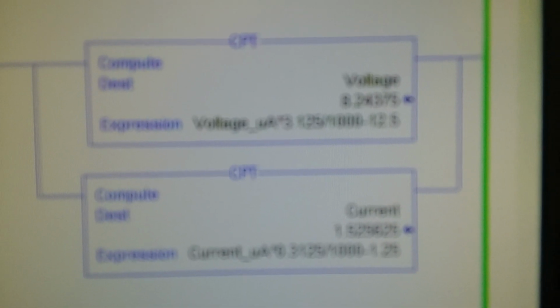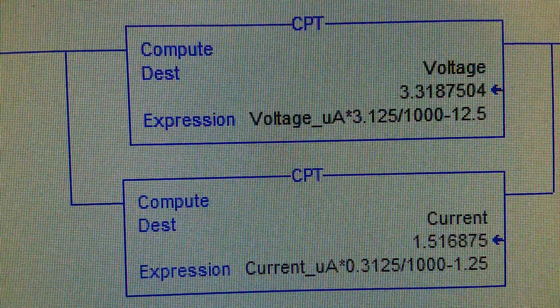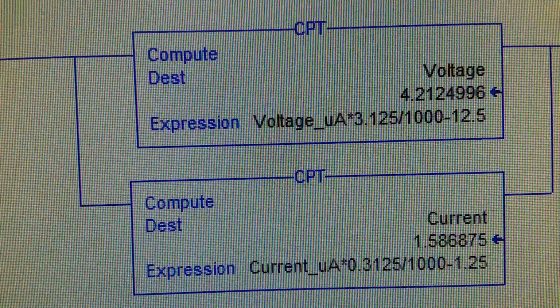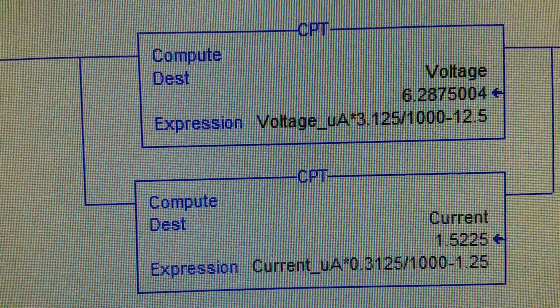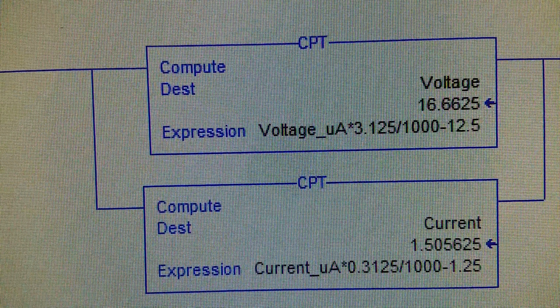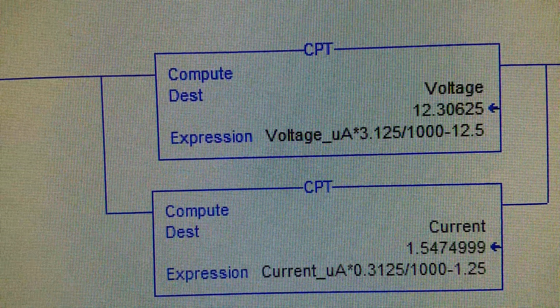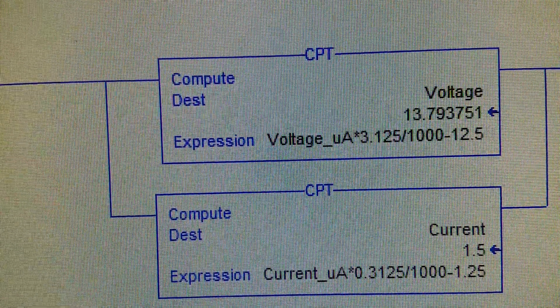And so we're bringing the voltage in. See if I can focus on that again. Okay, so we're bringing the voltage in, and you can see that the voltage is just bouncing around. It's going everywhere from -1 to 24.